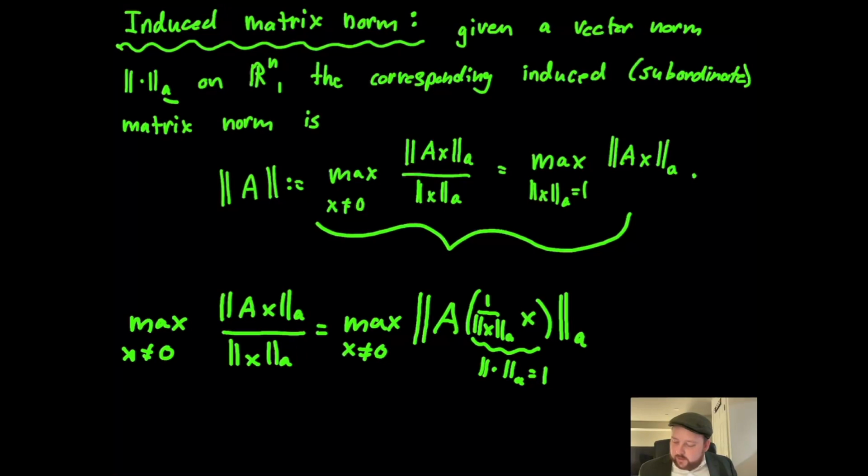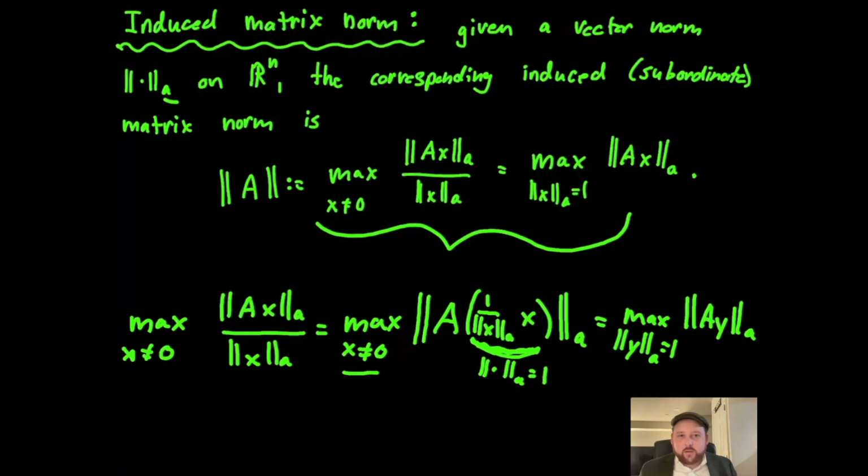And so what this means is that I can replace these constraints, both the constraint here and what shows up here, with the max of, I'll just use a different vector, y, all vectors y with norm equal to 1. Because no matter what x I had over here, it had to have norm 1. And then I can just replace it here. So I get the norm of A times y. Sorry, there's a lot of A's, but hopefully you see what I'm saying. So that's why these expressions are the same.